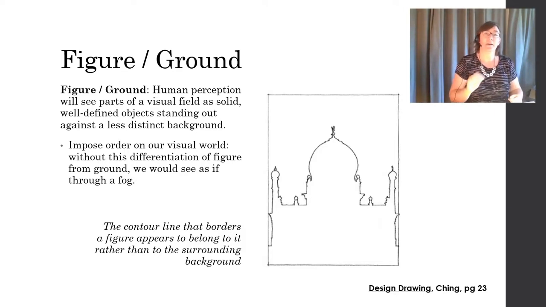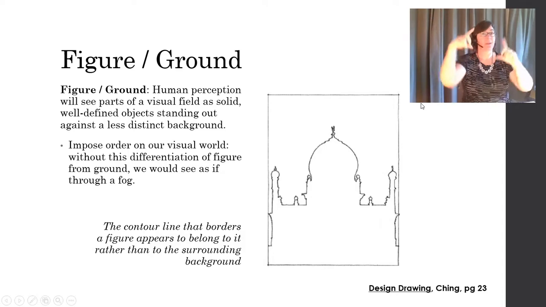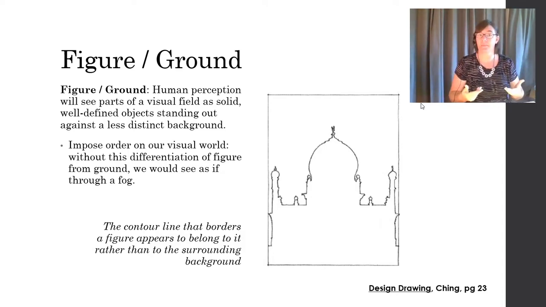There's a lot of different ways in drawing to pull things to the front and make them into a figure. And here's one example. So we have a contour drawing right here. It's got a simple border and then a much more complex line in the middle.